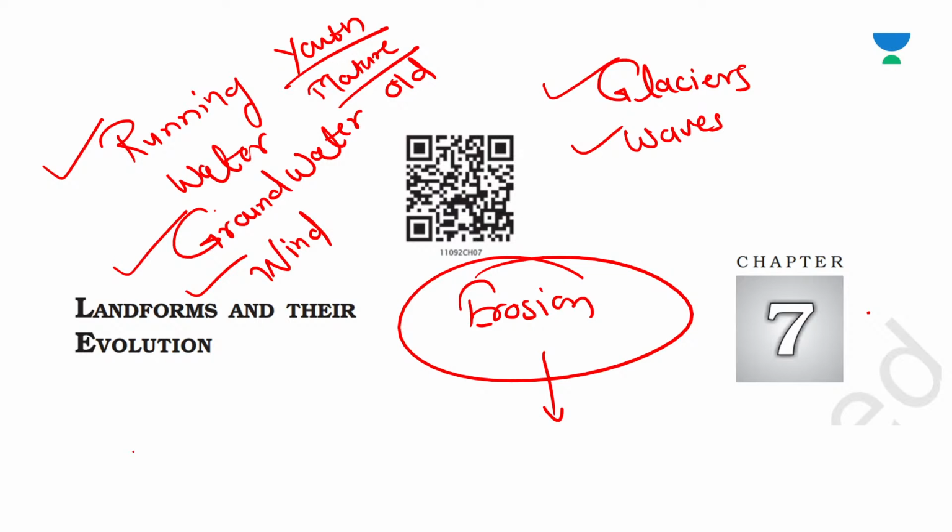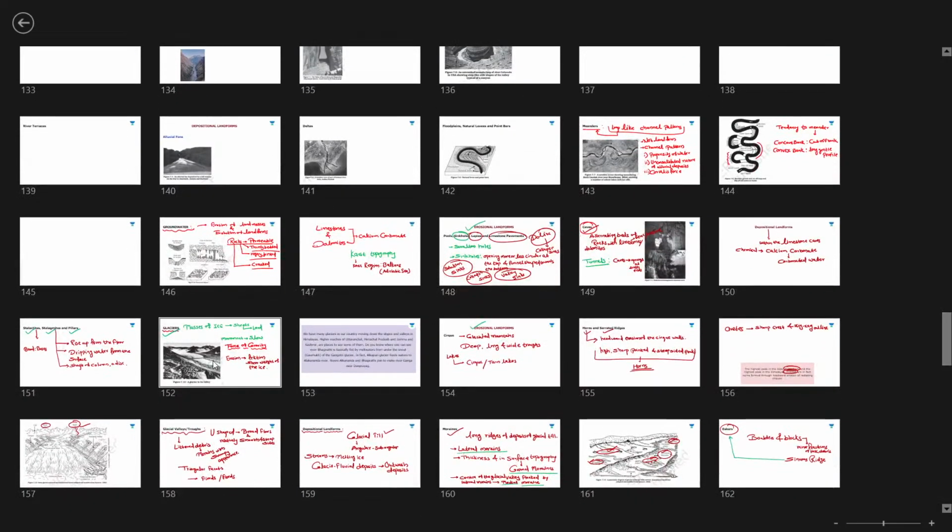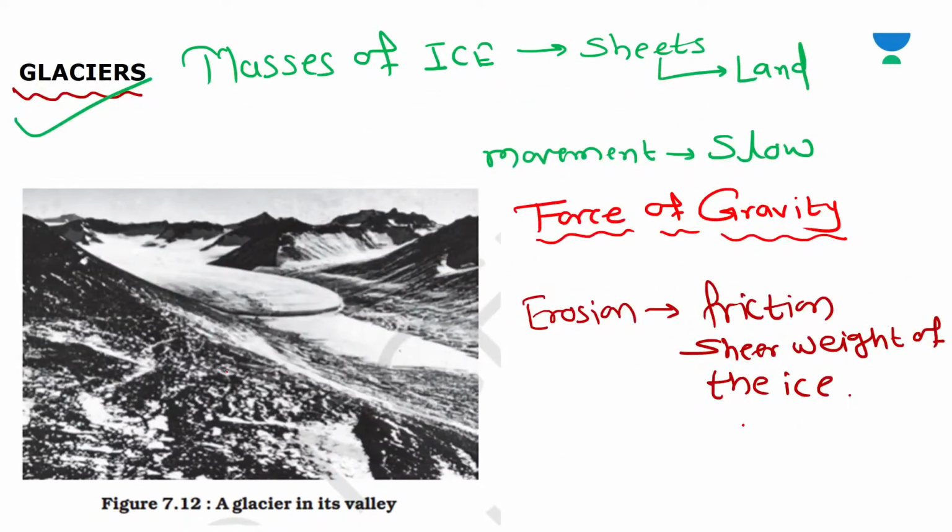Now, yes, we discussed glaciers. Then erosional landforms: cirque, horns and serrated ridges.